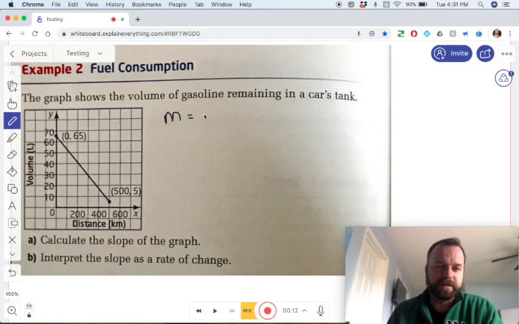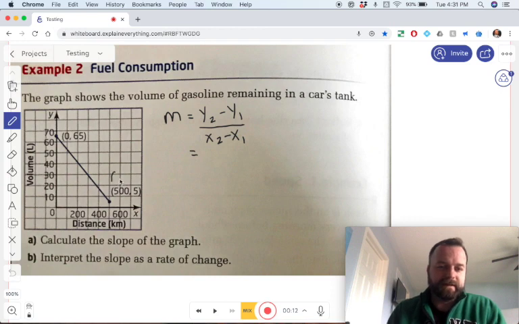So again, slope is y2 minus y1 over x2 minus x1. I do say that it's a little bit easier if I make the point furthest on my right x2 and y2, and if I make the point furthest on my left x1 and y1, things just work out a little bit easier.